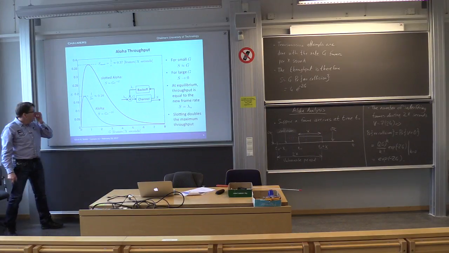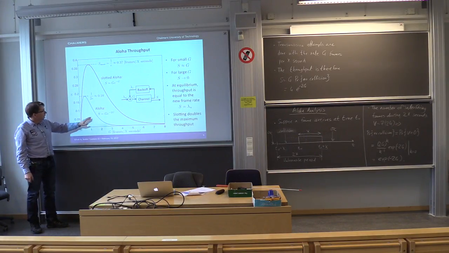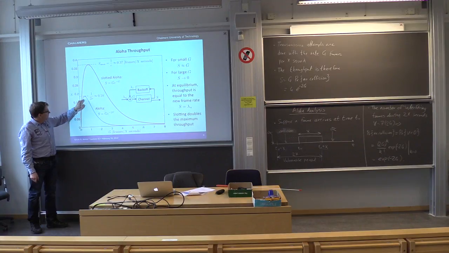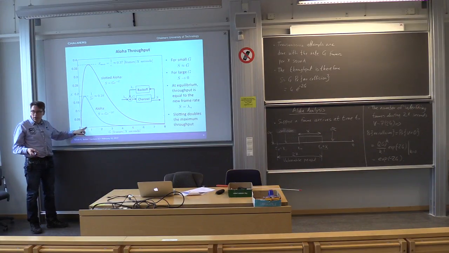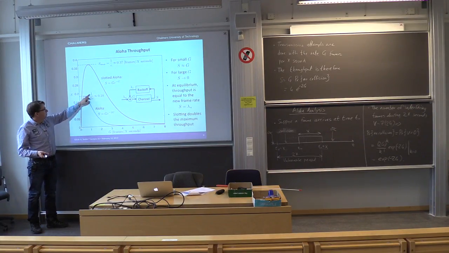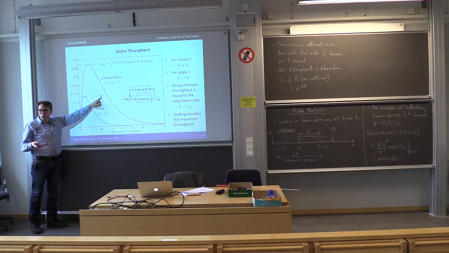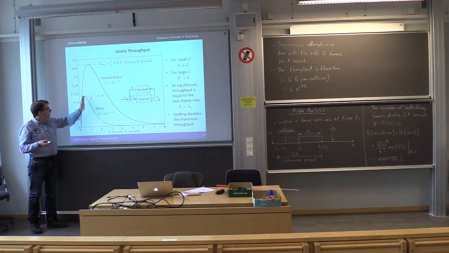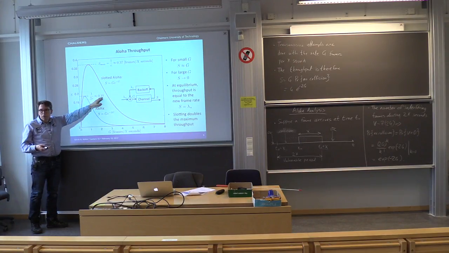For pure ALOHA, the peak occurs at an arrival rate of 1/2, and the throughput is 1/2e, which is roughly 18%. So with unslotted ALOHA, under best conditions, only about 20% of the attempts are successful.